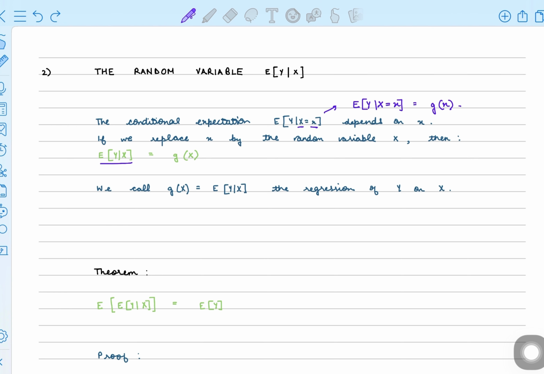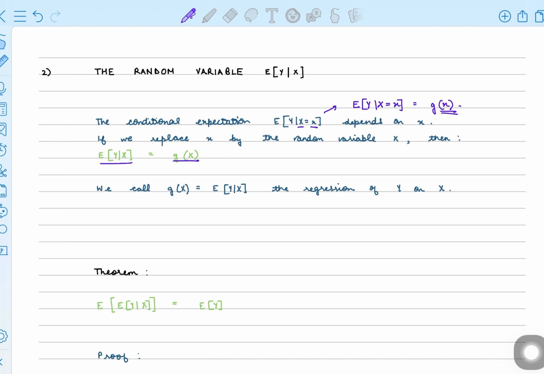Now that we've simply replaced the fixed value small x with the random variable x, this gives us the expectation of the random variable y given the random variable x is equal to the function of the random variable x. So instead of using the particular value as we did above, our conditional expectation is simply a function of the random variable instead.